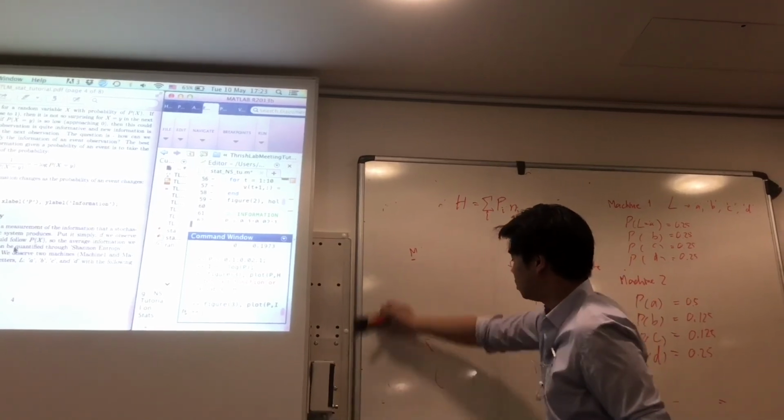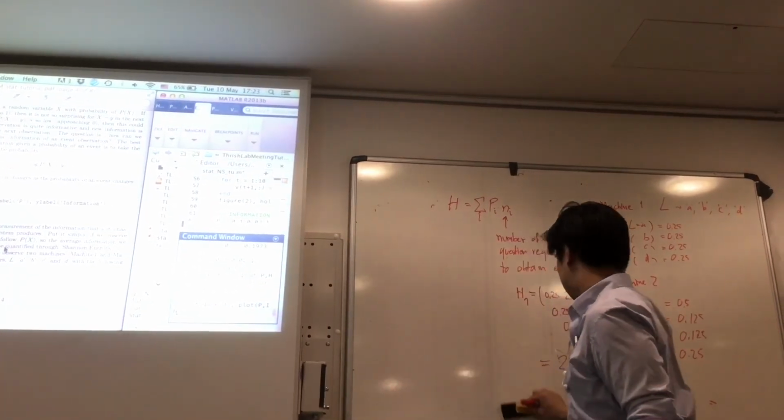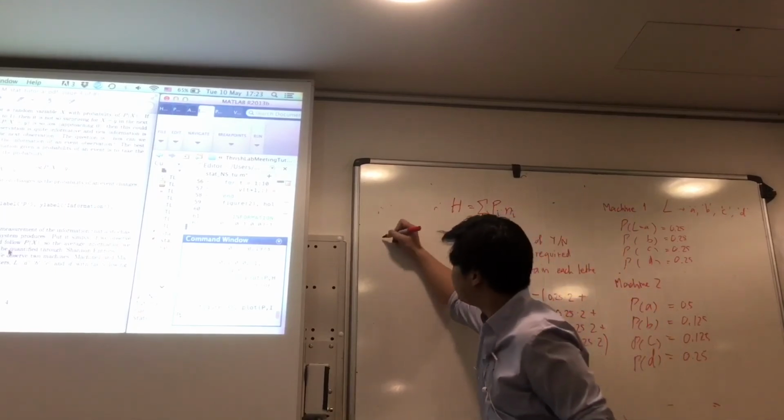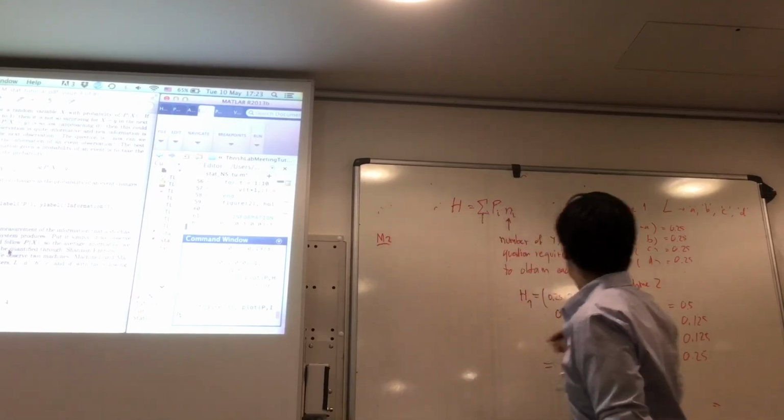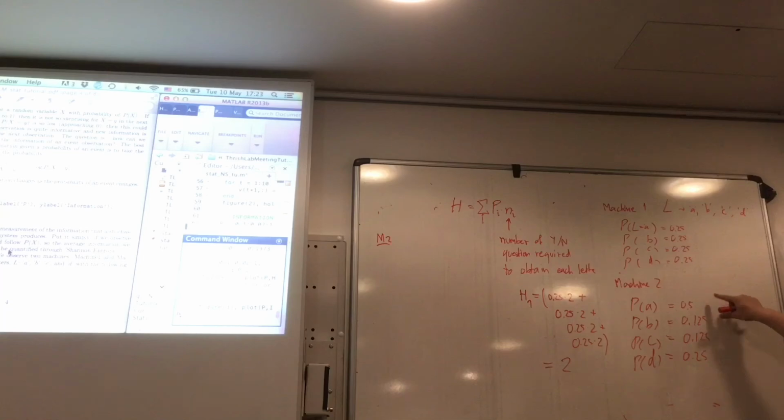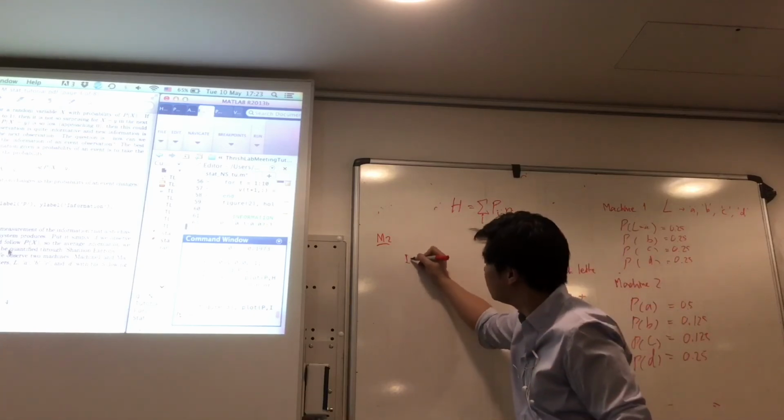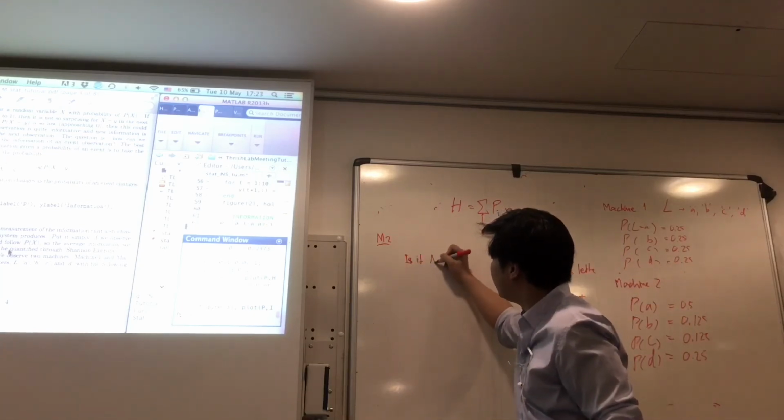But wouldn't the questions be the same? No, because they have different probabilities, you will see. So for machine 2, we want to ask yes or no questions, so it has to be 50%, right? So we ask, is it A?